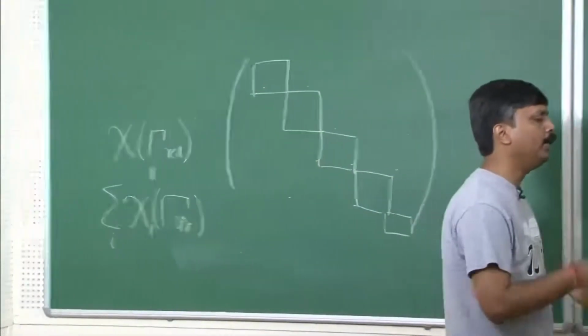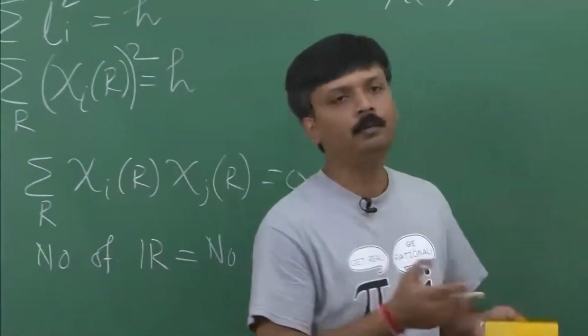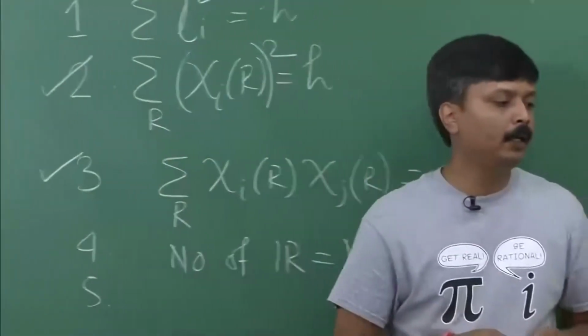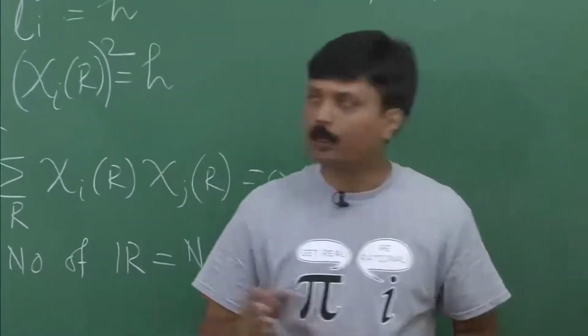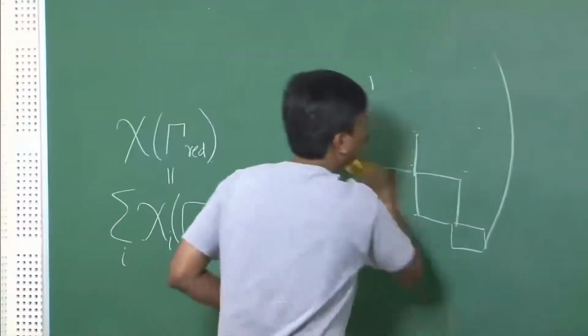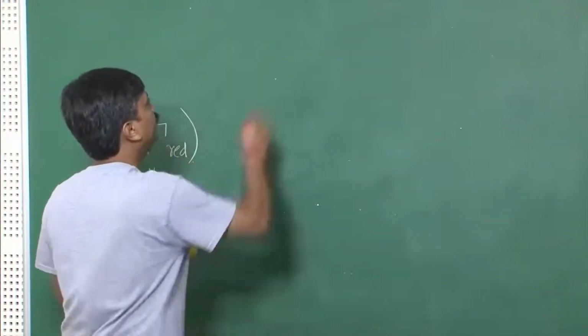So suppose I form a representation of the C3v point group. For example, I write the representation of C3v again.